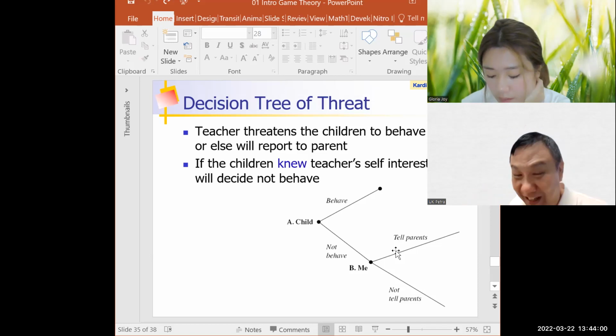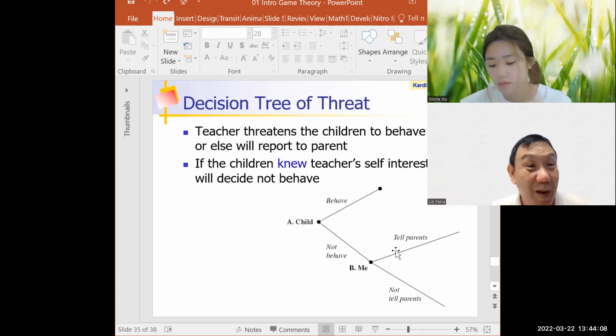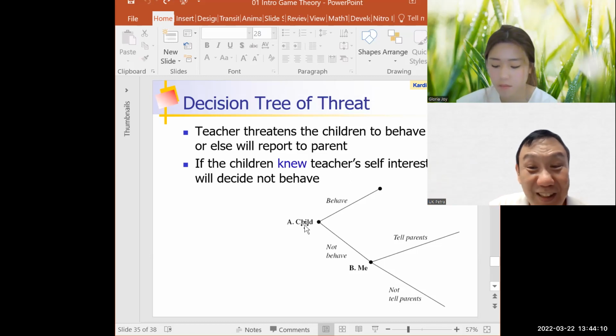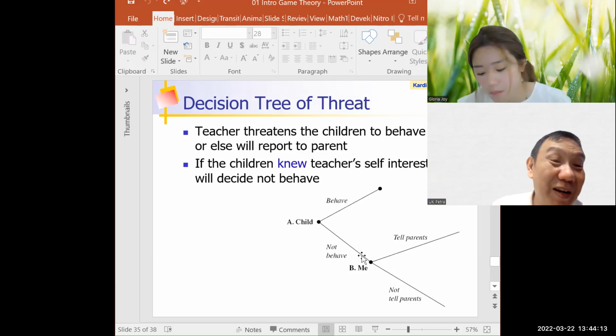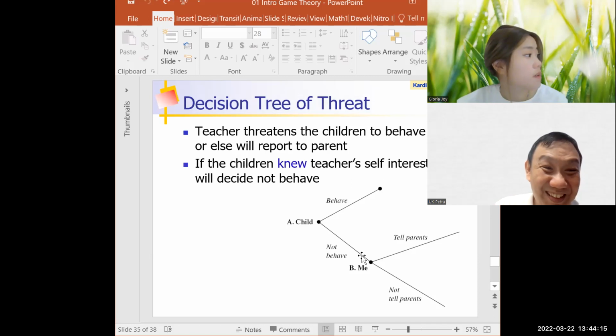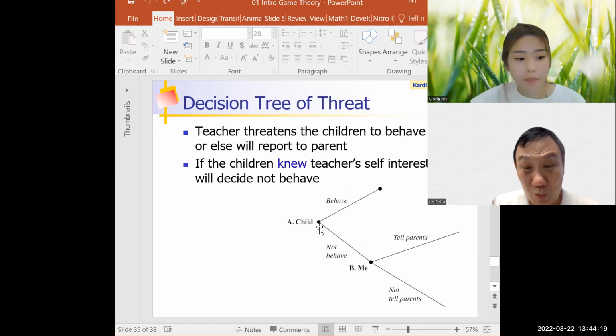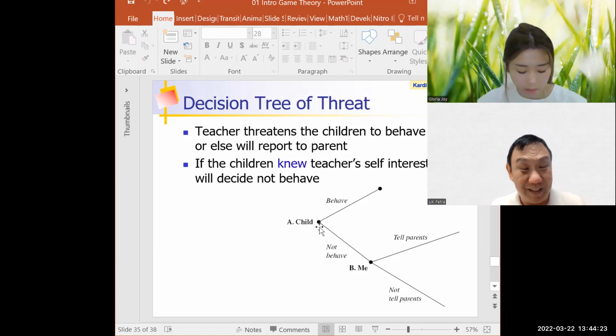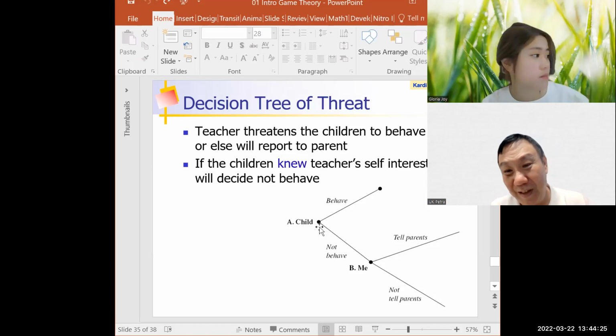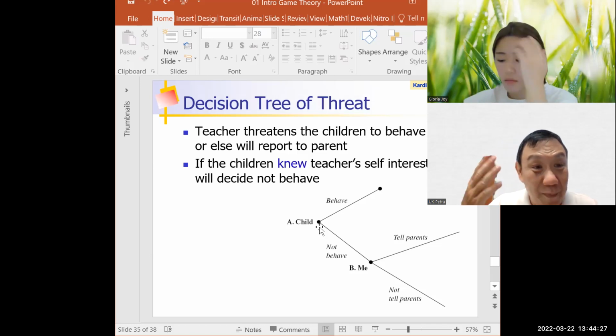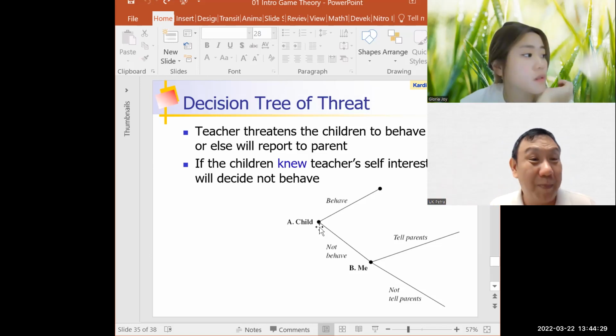Now, creating the decision tree here. Now suppose the children knew the teacher's self-interest, of course, the children will not behave. Correct or not? So the children have two possibilities: behave or not behave. Now me as the kindergarten teacher will have two options: tell parent or not tell parent.